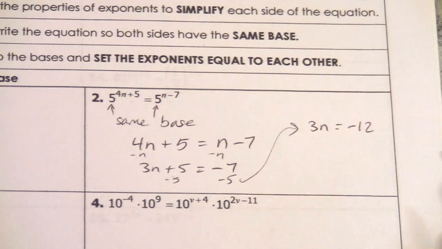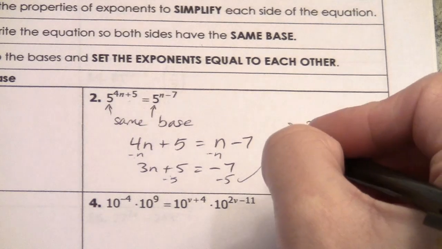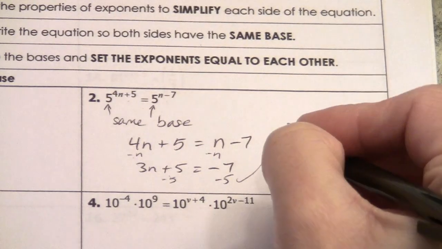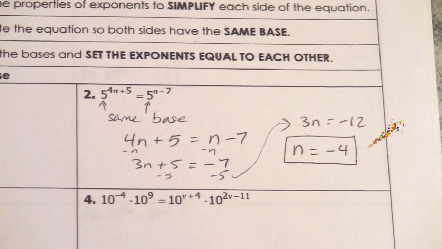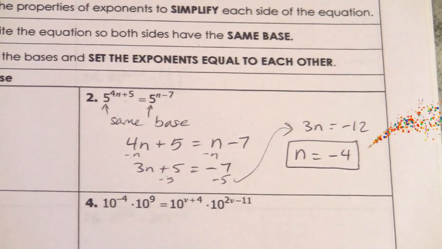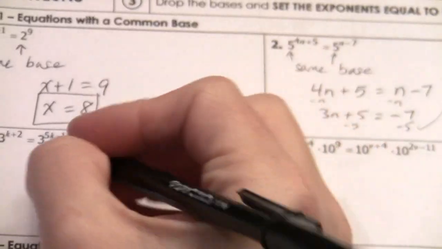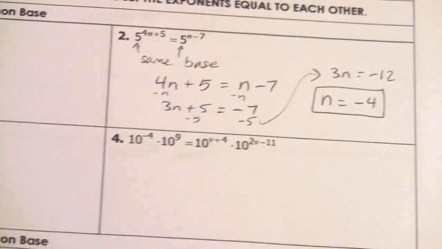Divide both of these sides by 3, n equals negative 4. And that's all we have to do. All right, we are going to skip number 3, and we're going to skip number 4.